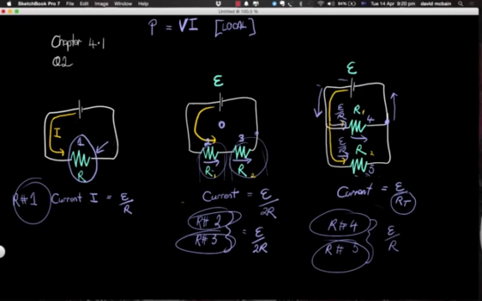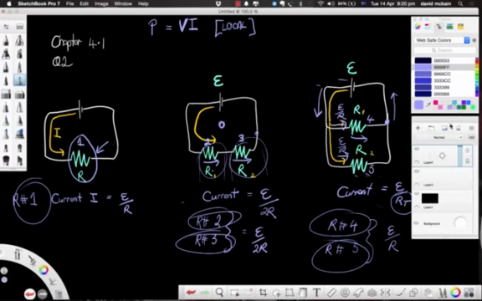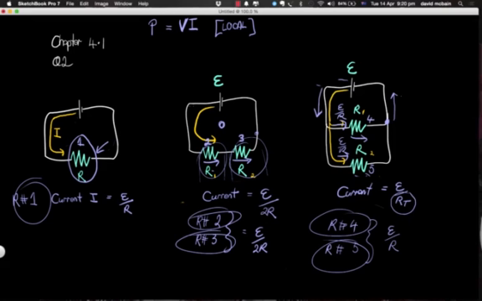Okay, so we'll change colour just so that we're clear on this. And for resistor number 1, the power will equal the voltage across the resistor multiplied by the current through it.